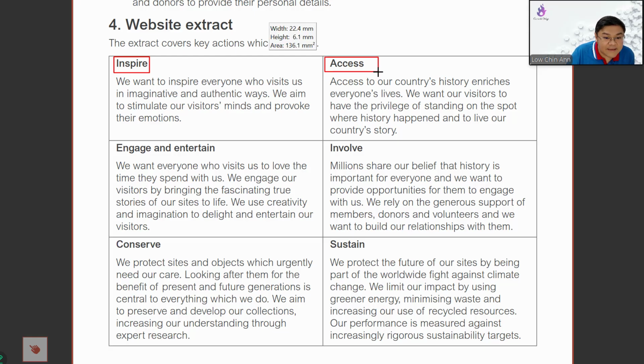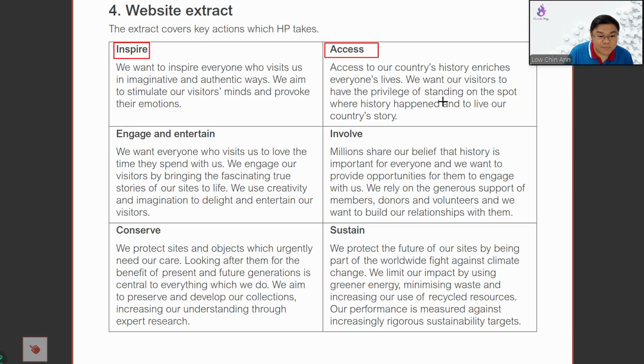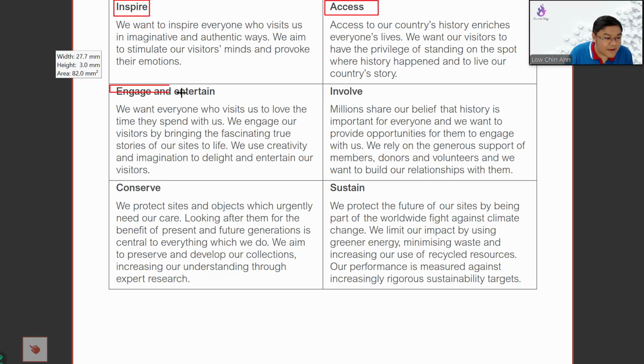Okay, now access. They say access to our country's history enriches lives. We want our visitors to have the privilege of standing on the spot where history happened and to live our country's story. Engage and entertain: we want everyone who visits us to love the time they spend with us. We engage visitors by bringing the fascinating true stories of our sites to life.